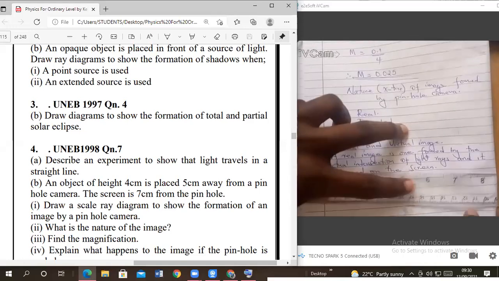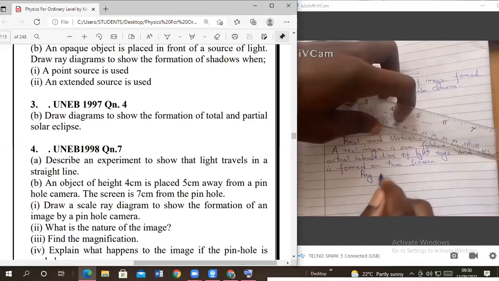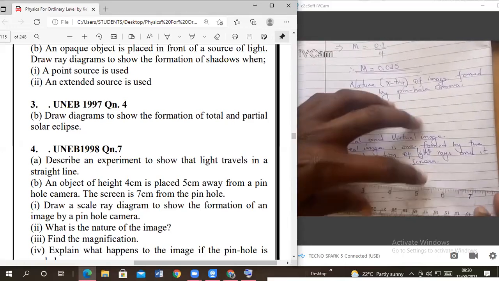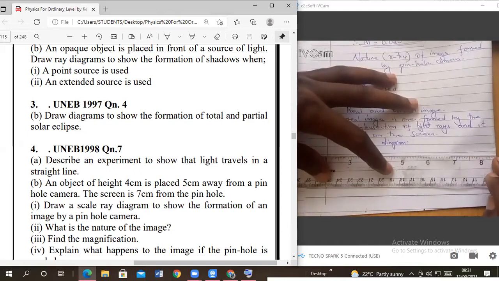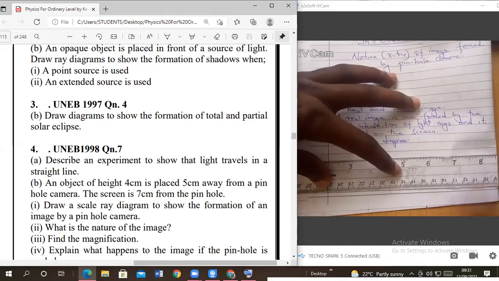Let's see how we can draw it. Let's look at the ray diagram for that. Members, are we together? Let's draw this ray diagram.